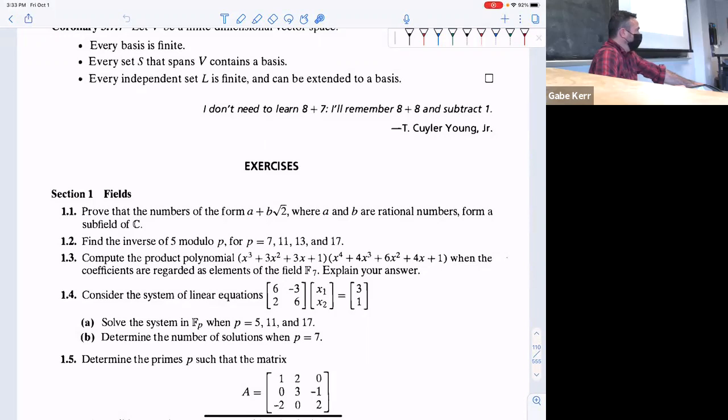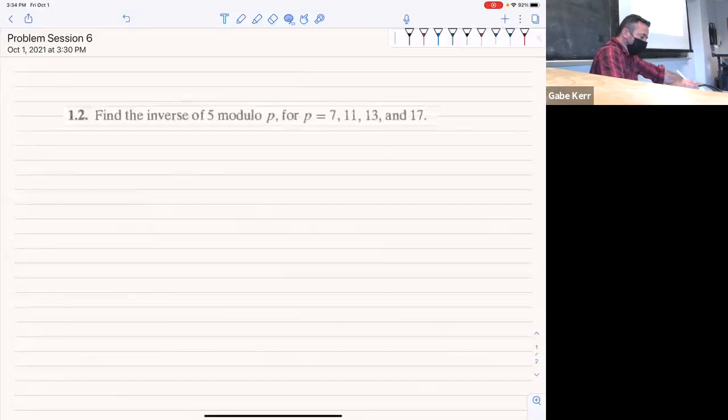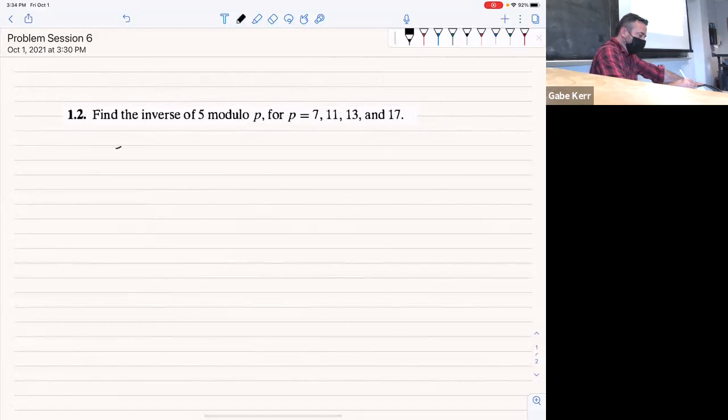You're looking for the number that when I multiply by 5, I get 1. This is what they're asking for, not the additive inverse. The additive inverse will be -5.